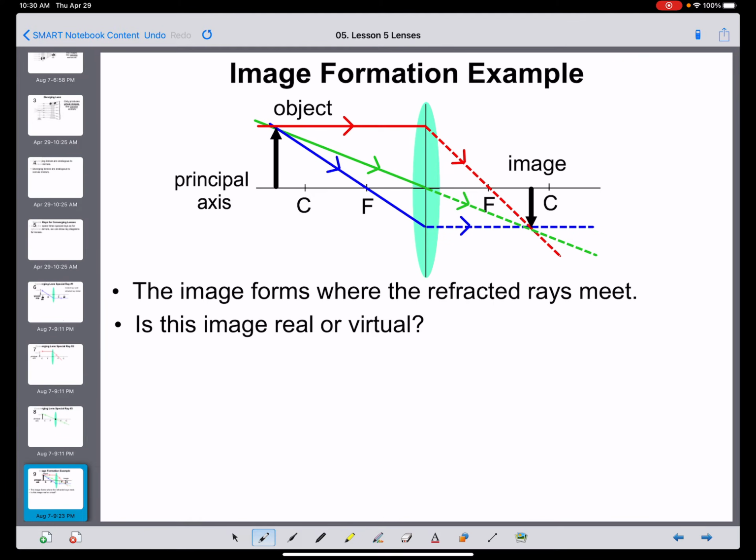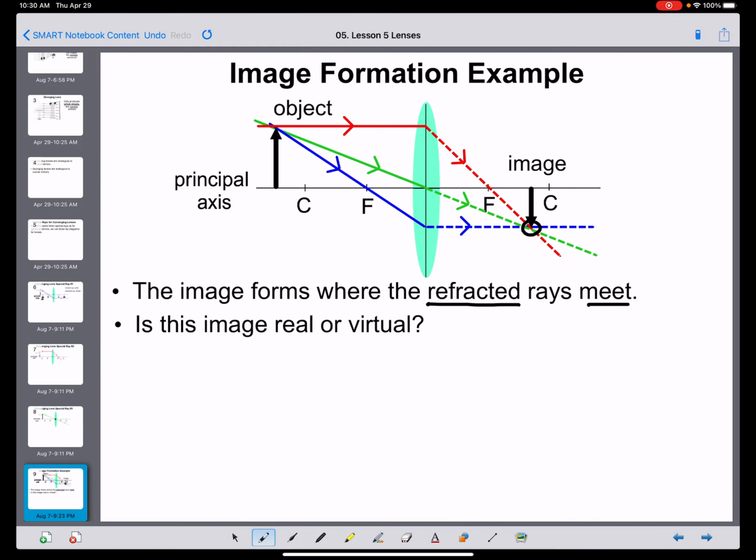Okay, image formation example. Let's say we have an object, and we draw all 3 special rays at the same time. I've gone ahead and done that. Just like for mirrors, you look for the place where your dotted lines cross. For lenses, we can say the image forms wherever the refracted rays meet or cross, and so we can draw our image here.